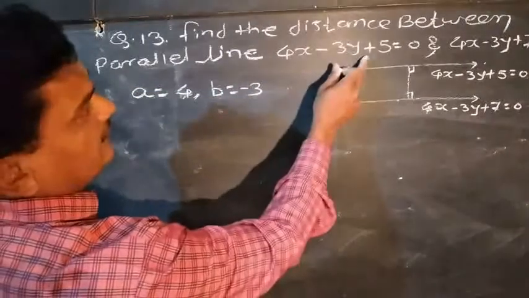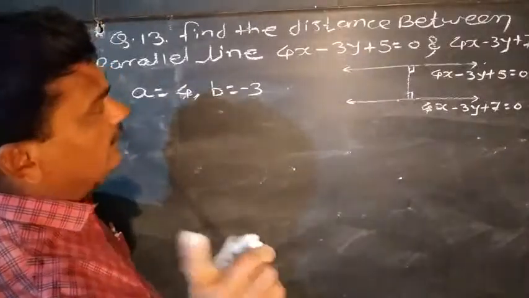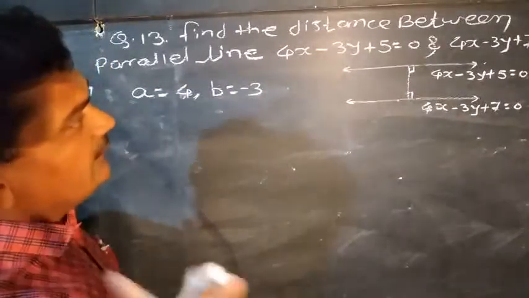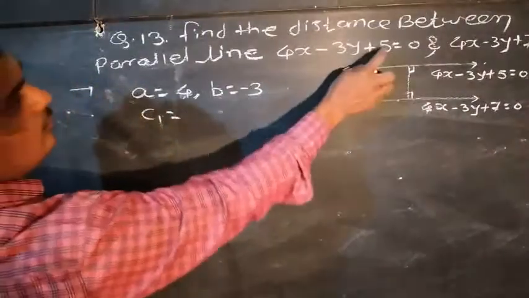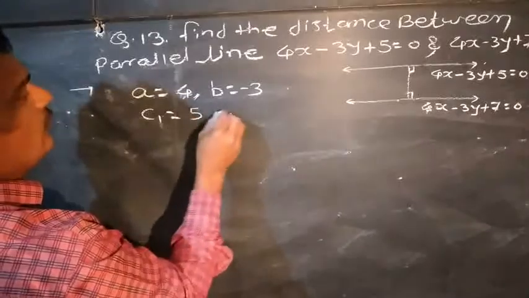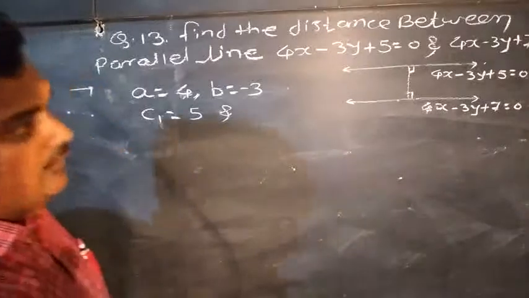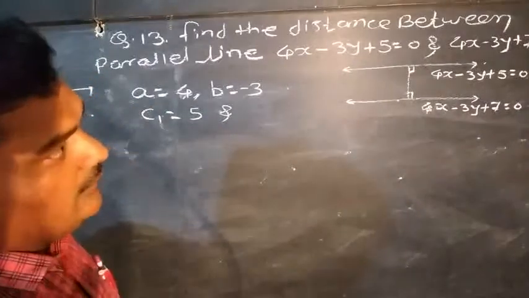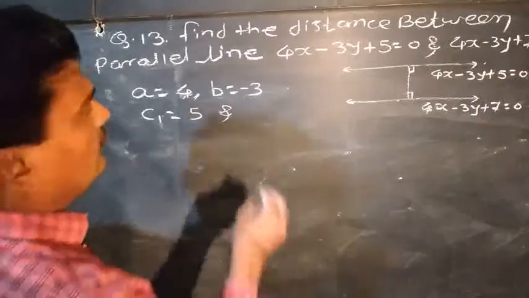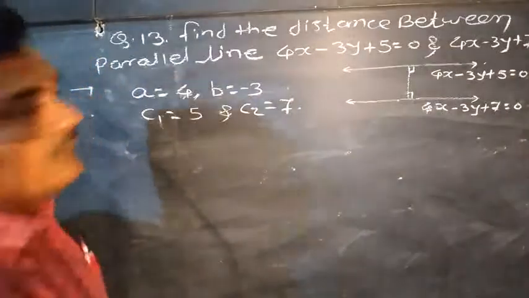Next, comparing this equation with ax plus by plus c1 is equal to 0, the value of c1 is the constant term, which is 5, and comparing this equation with a2x plus b2y plus c2 is equal to 0, we get the value of c2 as 7.